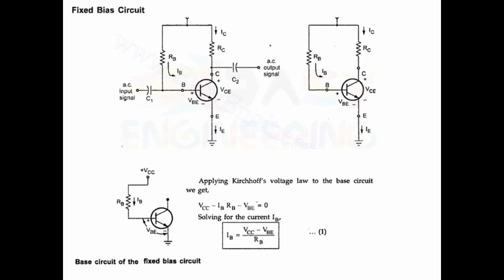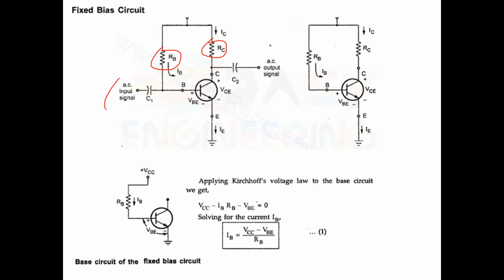Let me consider fixed biasing. In this fixed biasing circuit, you see RB is connected to the base terminal and RC is connected to the collector terminal.